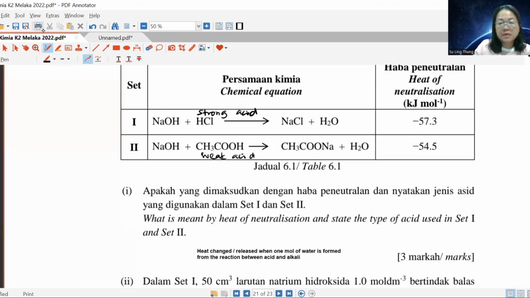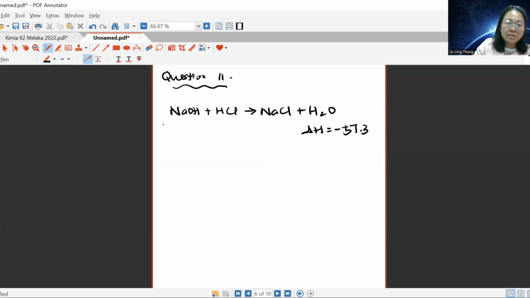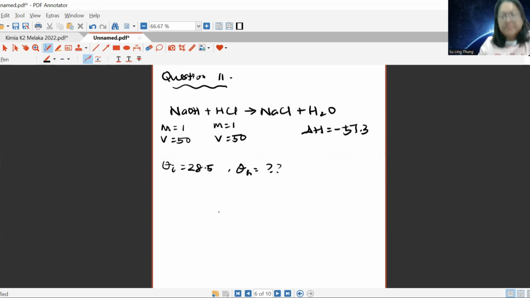Then you are given volume 50, molarity 1, volume 50. And then he said the average initial temperature, theta initial, is 28.5. So we want to calculate how much theta highest is.